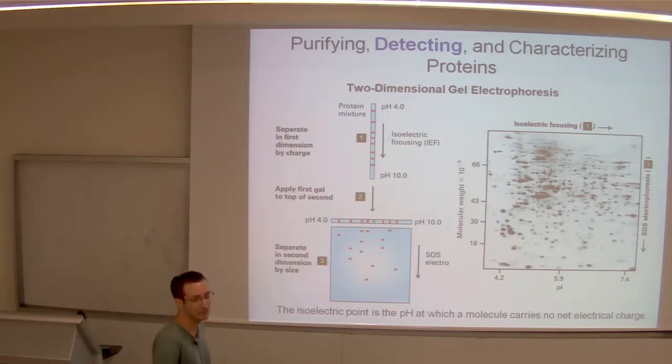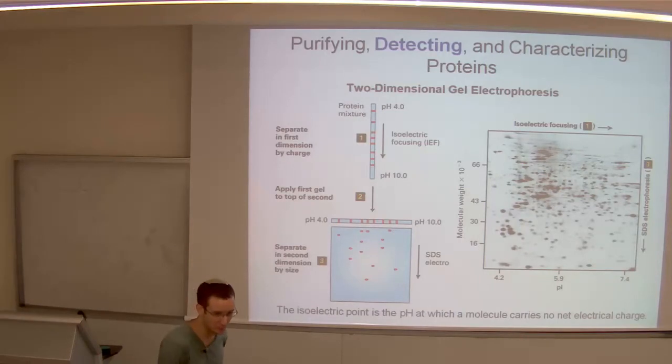They have a net charge of 0, and they will stop moving because they will feel no force anymore. This point is called the isoelectric point. The pH where the net electrical charge of the protein is 0.